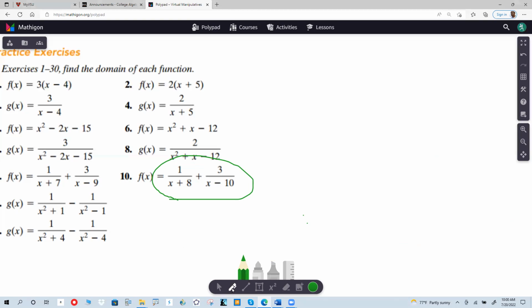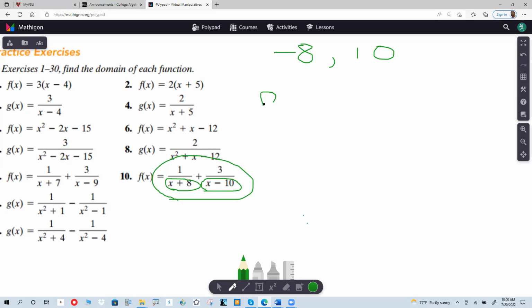Okay. Look, when x is negative 2, this will be negative 8, and this will be 0. When x is positive 10, this will be 0. So negative 8 is a bad guy and positive 10 is a bad guy.